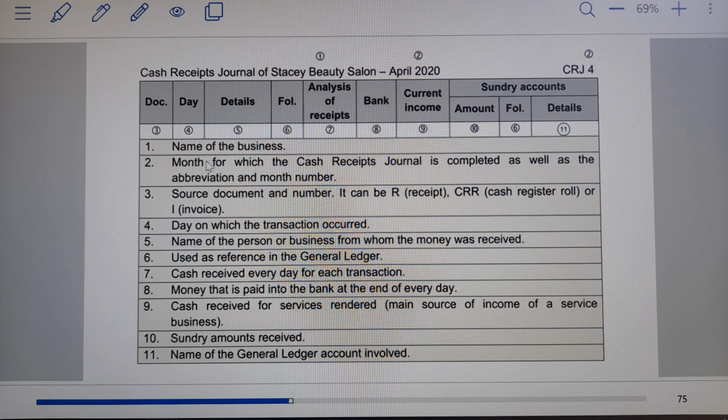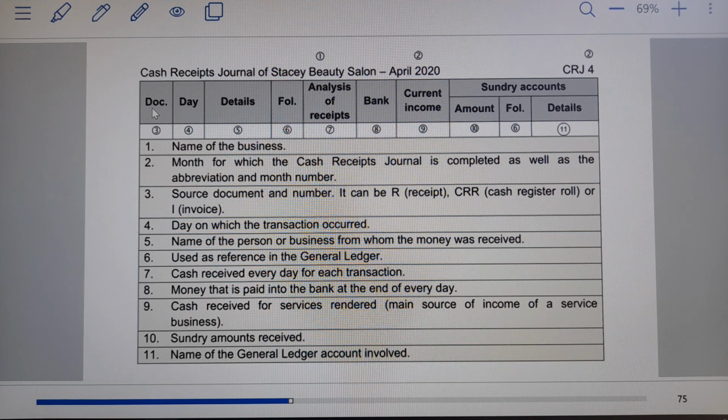Number 2, you have the month for which the cash receipt journal is completed, as well as the abbreviation and the month number. April is month number 4. If you don't have a month here but you see that here it's 7, you should know that it is July, for example.